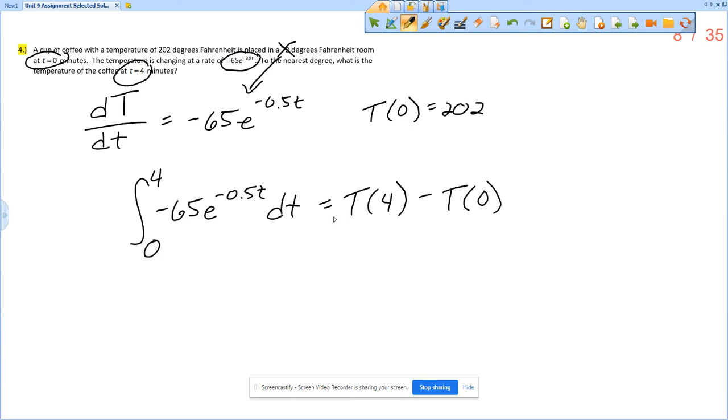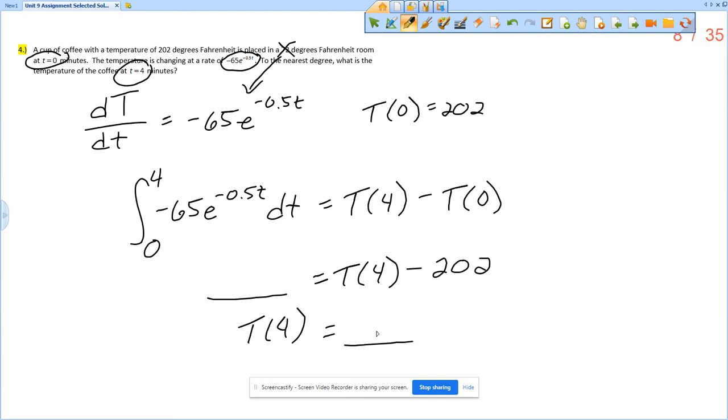And so now, okay, this is a value that we can calculate. T of 0 is 202 degrees, right? And so then we're going to take this value and add 202 to get T of 4. So T of 4 is going to be whatever that calculated value is plus 202, right? And so we're going to calculate that value.